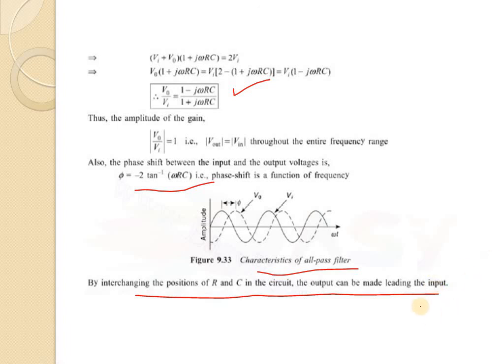That is the characteristic we can see: this is our input voltage, and the output voltage we are getting is the shifted one. So where we need shifting of signals, there we can use an all-pass filter. That is all about our all-pass filter and band reject filters.